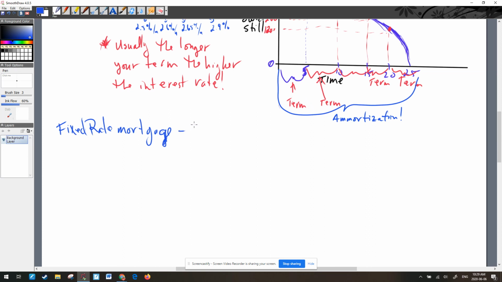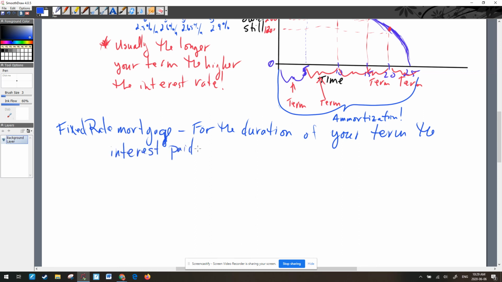So for the duration, meaning the whole time of your term, the interest rate paid is the same initially negotiated rate.